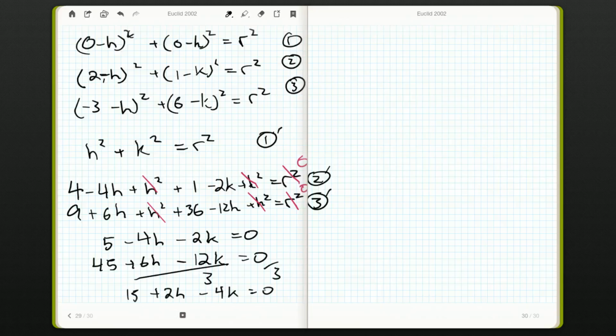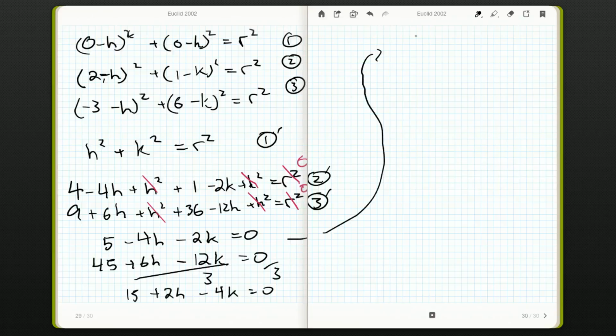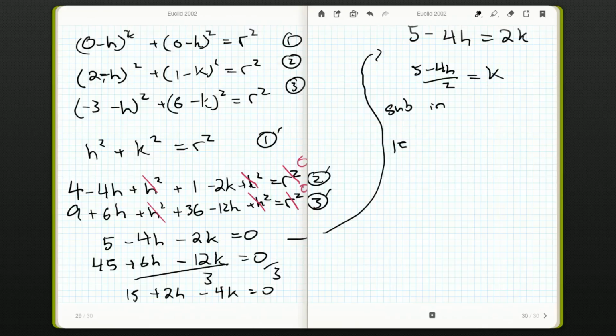Well, let's take this first equation: 5 minus 4h. We'll bring the 2k over to the other side and we'll divide by 2. At this point, it's really however you want to go about solving these 2 linear equations. Whatever you want to do is fine. And we'll sub this into our second equation.